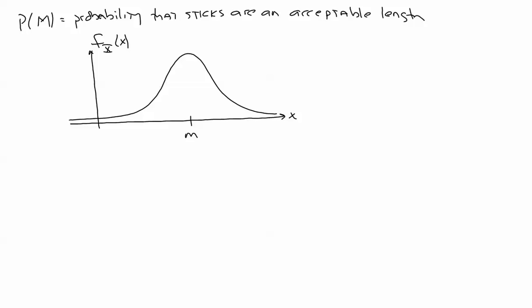And let's put a point here and call that x naught. I can draw this in and show that my Gaussian has a standard deviation of sigma. Way down here is 0. The area under that upper tail is defined by my Q function. This is Q of x naught minus m over sigma.